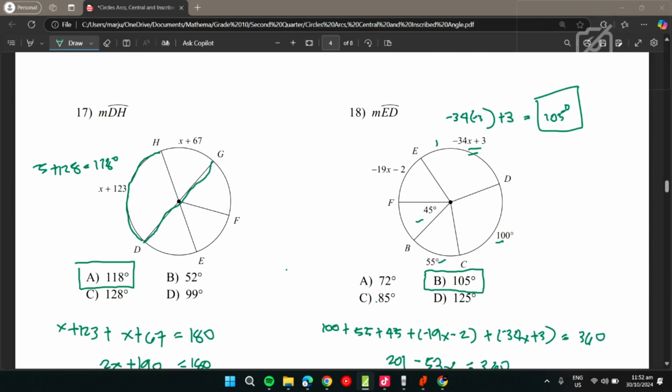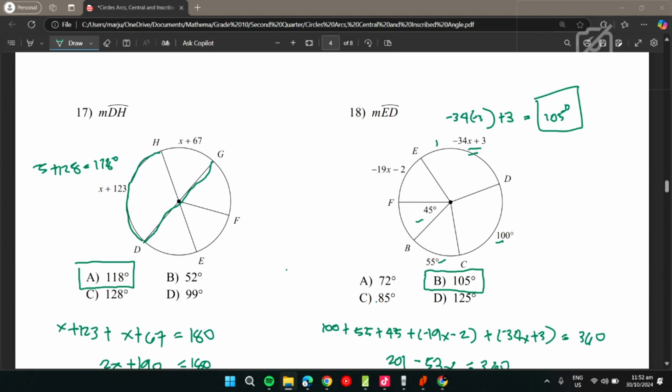Let me just save. And then save. Circles, second grading. Let me see.